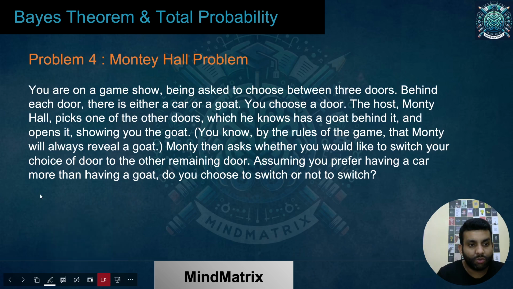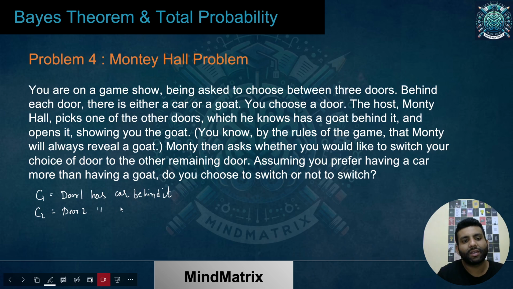Okay, so C1 is the event that door 1 has a car behind it. I'll write all the cases right now. C2 is door 2 has a car behind it. C3 is door 3 has a car behind it.